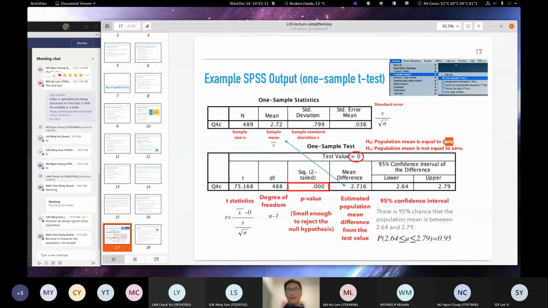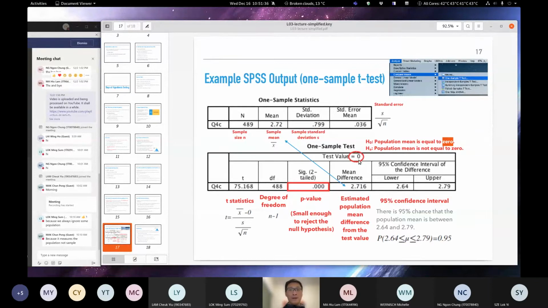So notice that we are talking about the 0 here. This is the number that we want to confirm. So we put a 0 here. But in our previous example, we were trying to see if the population mean is equal to 10 or not. In that case, the test value needs to be the number 10 here instead of 0.